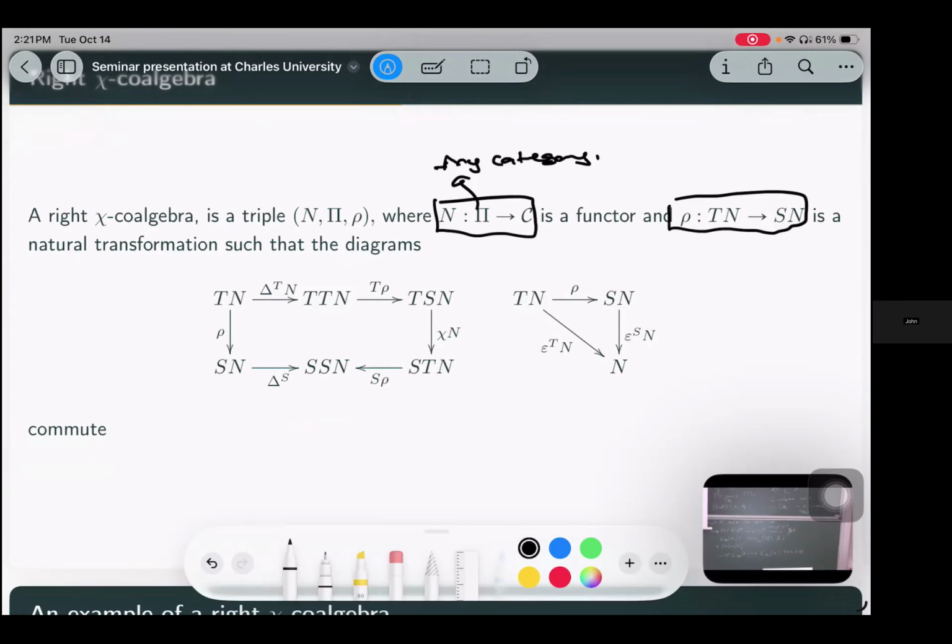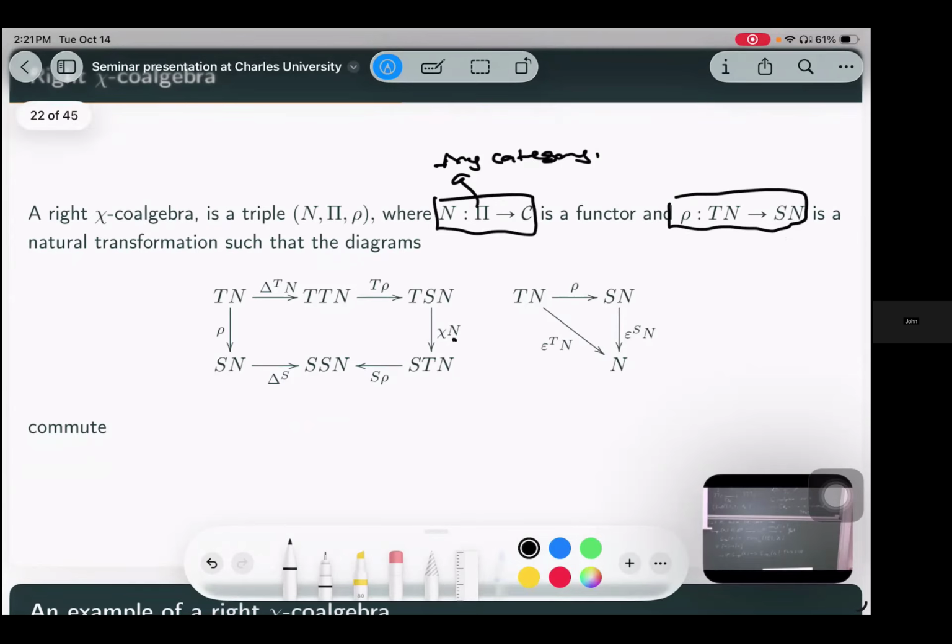So again, here I apply the coproduct on T, and then I apply rho, apply chi, and then I apply rho again. And this should be the same thing as me first applying rho here, then applying delta on S. Then with this one, I apply rho, that takes it from T into Sn, then I apply epsilon on S, and this should be the same thing as me applying epsilon on T.